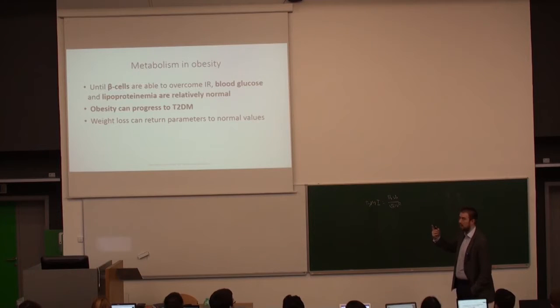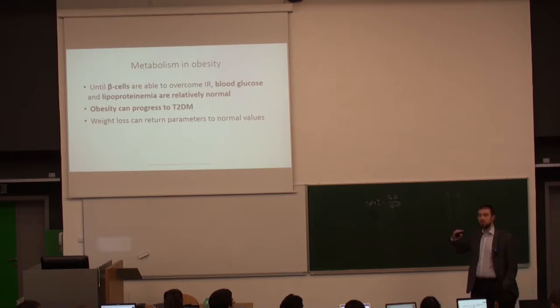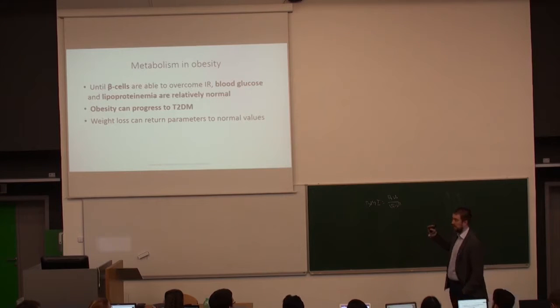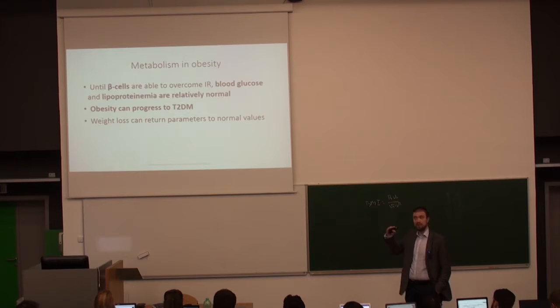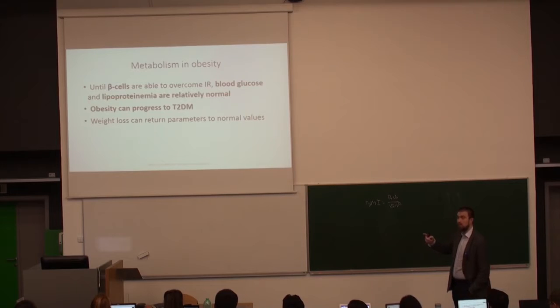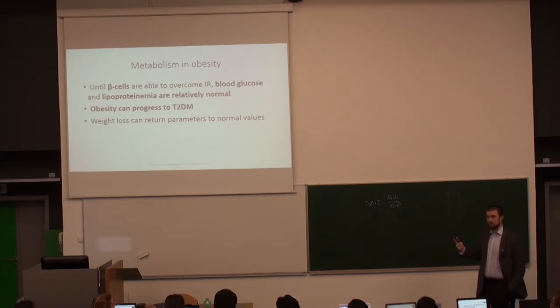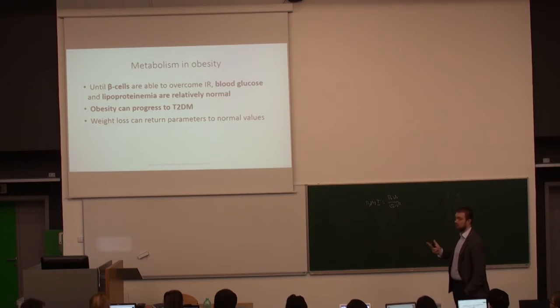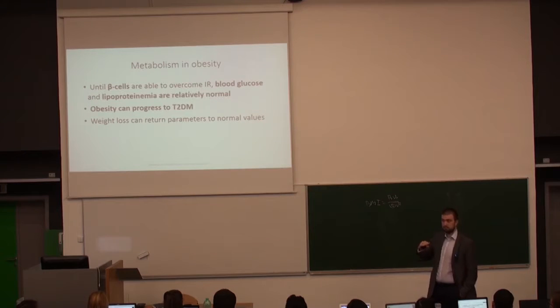And that's the time when you switch from simple obesity to impaired glucose tolerance. That means that your insulin is not able to keep the blood glucose level at the normal state, and that's the state where our patient is. That means the patient is obese, has insulin resistance, and his pancreatic beta cells are not able to produce enough insulin to keep the blood glucose level normal.